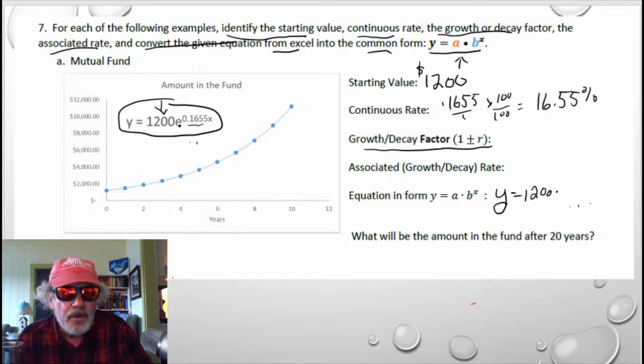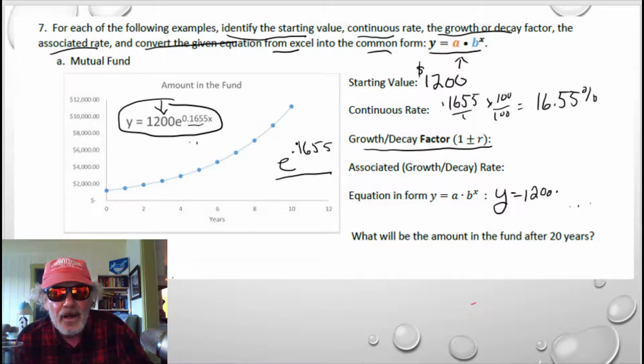Well, look over here. This is being multiplied. $1,200 is being multiplied by e raised to the 0.1655. Now, if we put that in our calculator, we're going to get 0.18.